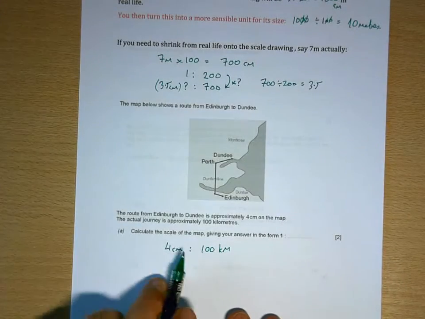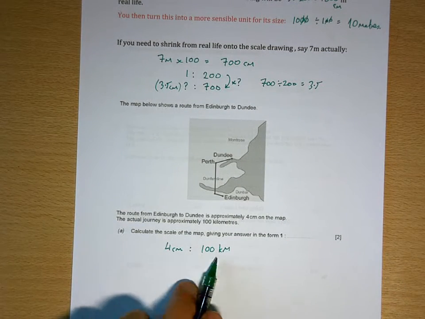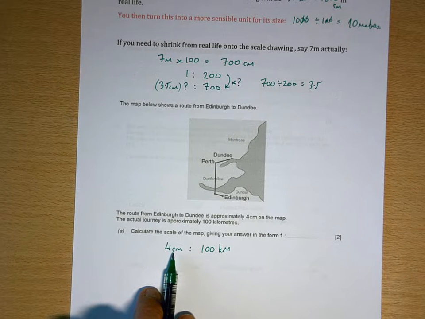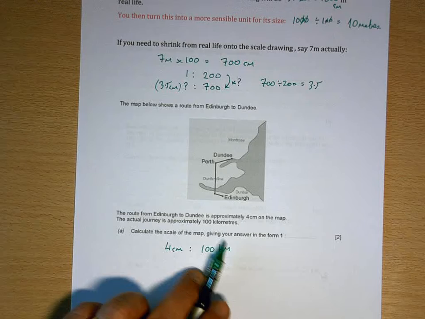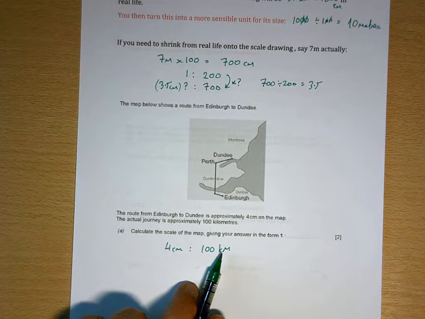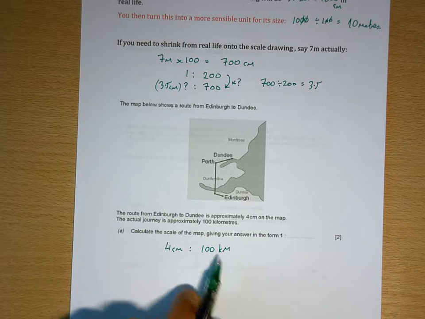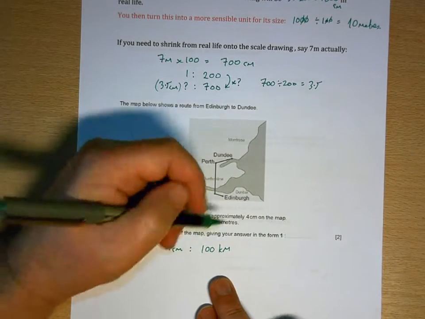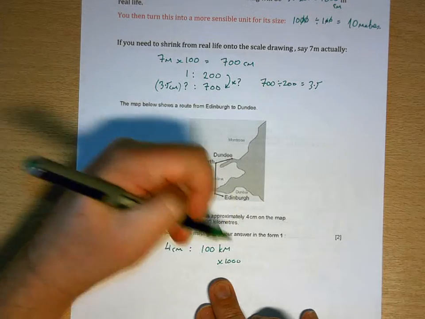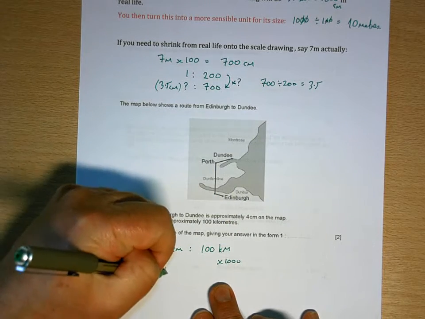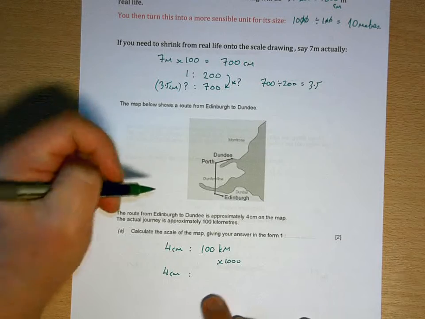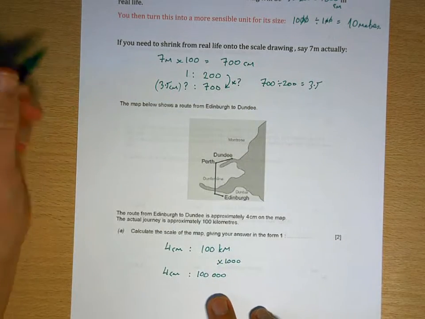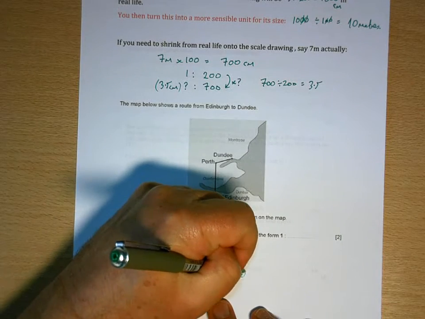Now we can't turn it into a 1 to something until the units are the same, both on the page and in real life. So I need to change this 100 kilometers into centimeters. I know there are 1,000 meters in a kilometer, so that 4 centimeters is equivalent to 100 times 1,000 meters.